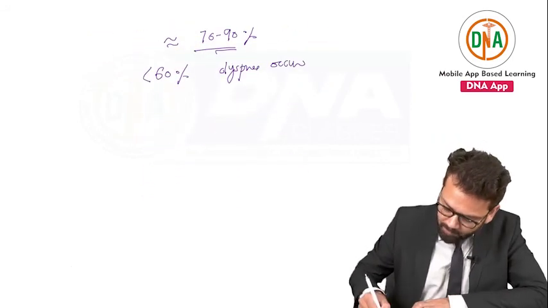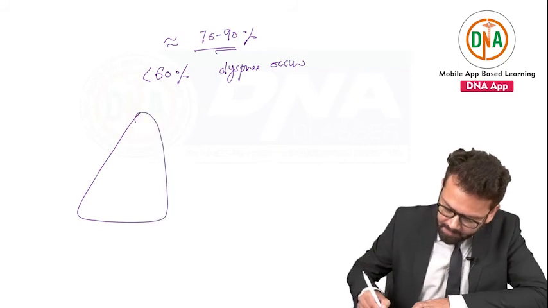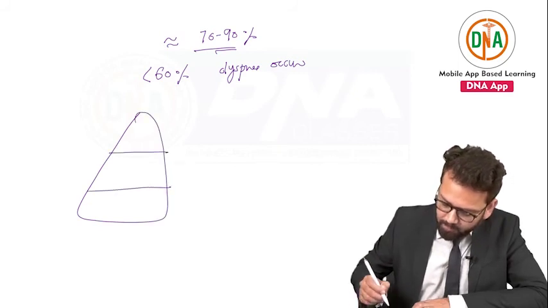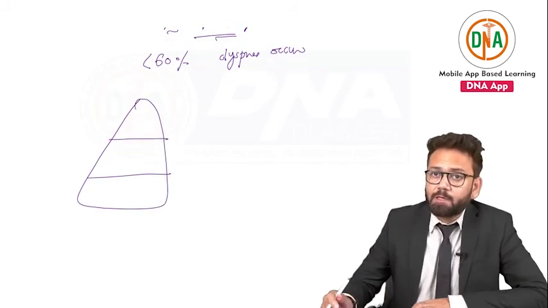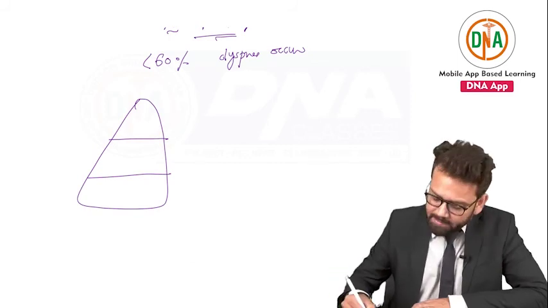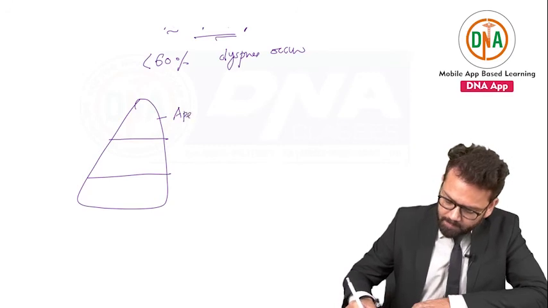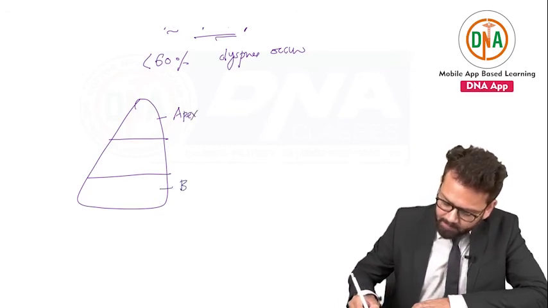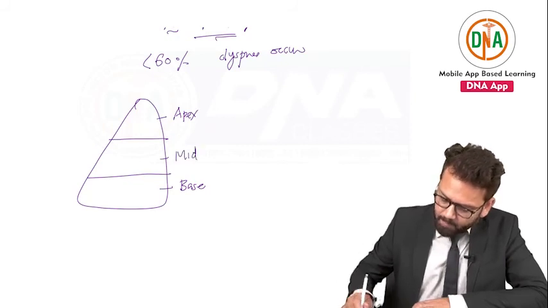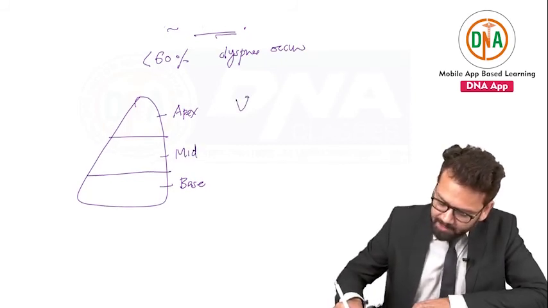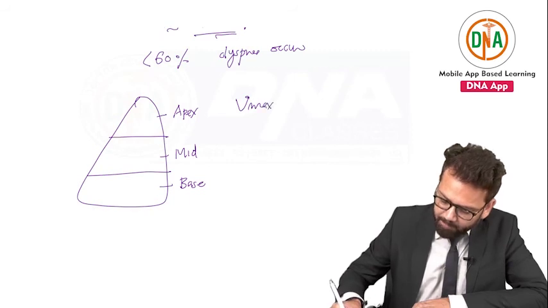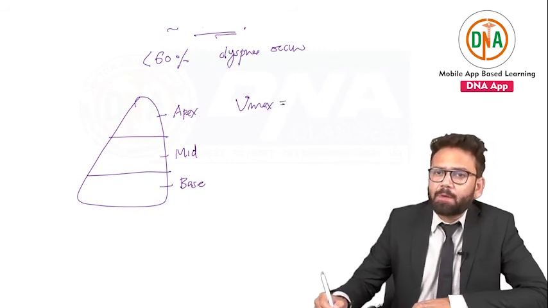Now one more thing. We have discussed V by Q already. V by Q ratio we have discussed that it is maintained because of surfactant. Now what is V by Q ratio at the apex, at the base and at the mid? First of all, ventilation: is ventilation maximum at apex or base?